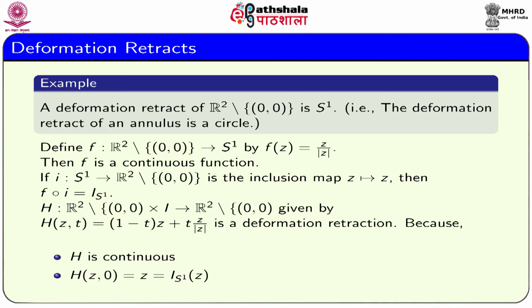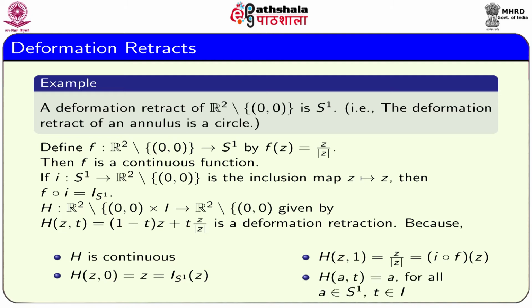H(z,0) is z, which is identity evaluated at z. H(z,1) is equal to z by mod z, which is inclusion composed F evaluated at z, and H(a,t) is equal to a for all a belonging to S1 and t belonging to I. Hence, this H is a deformation retraction.